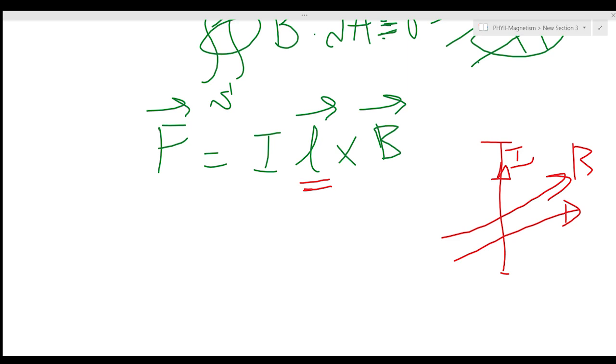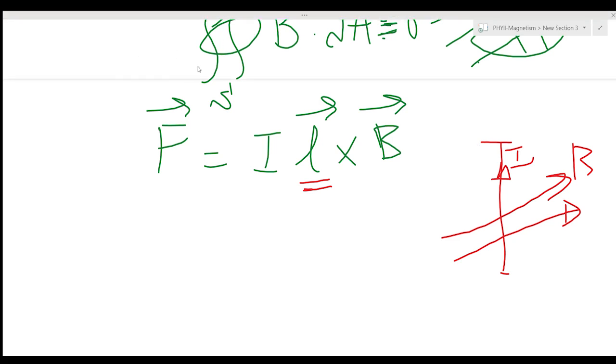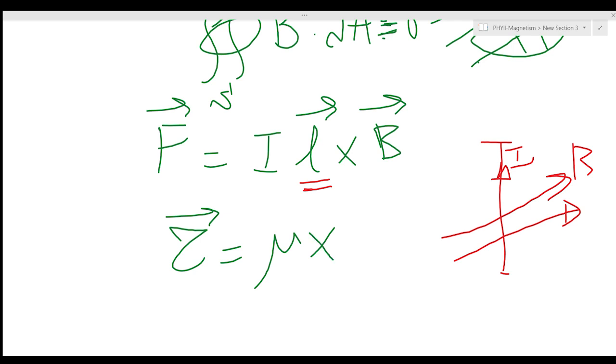We're going to find also something else similar to what we did before. Let me change the color back to green because I like that color a little better. So we're going to also learn about the dipole moment. When you have a magnet inside the magnetic field, it is going to be subject to a torque.